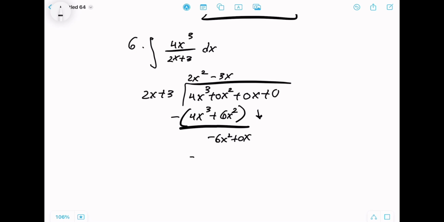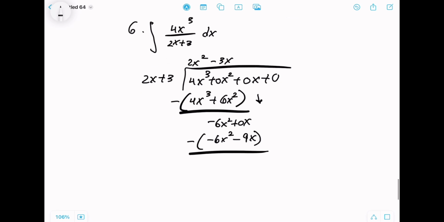So now I do minus negative 6x squared minus 9x. That's going to get me 9x. Now I bring down that 0. And now this is going to be 9/2 x, or I can think of it as 4.5x. I'll just write just 9/2. So I'm just going to say plus 9/2.